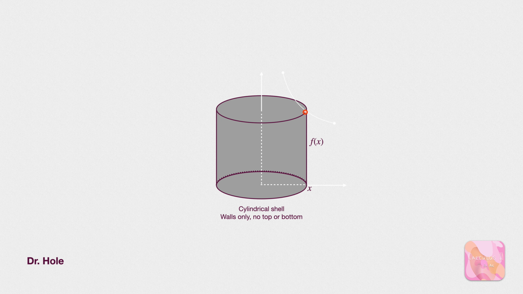Then consider this point and everything below it down to the x-axis, and watch it revolve about a circle of radius x away from the y-axis. And that's how we can produce a cylindrical shell provided a function f of x.